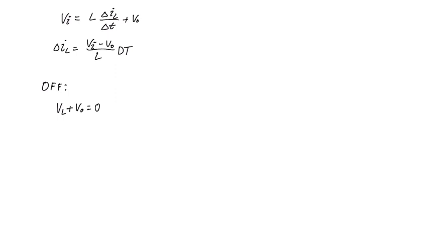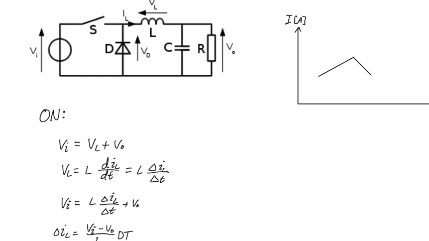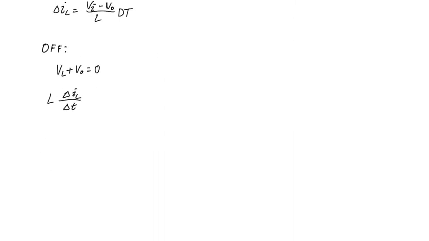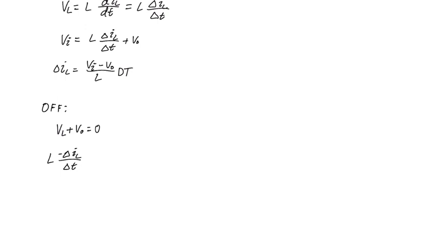So now we can put in the value for VL. So it's equal to L multiplied by the change of IL, divided by the change of time. And remember that this delta IL, we set as positive when it's rising. So now it needs to be negative because the current is falling. And this is equal to minus VO, because we just moved VO over to the other side, right?